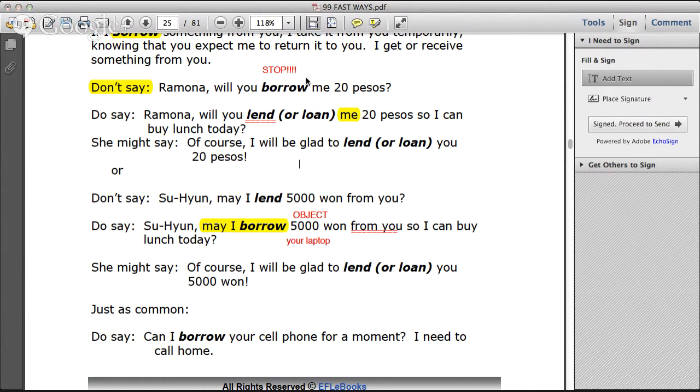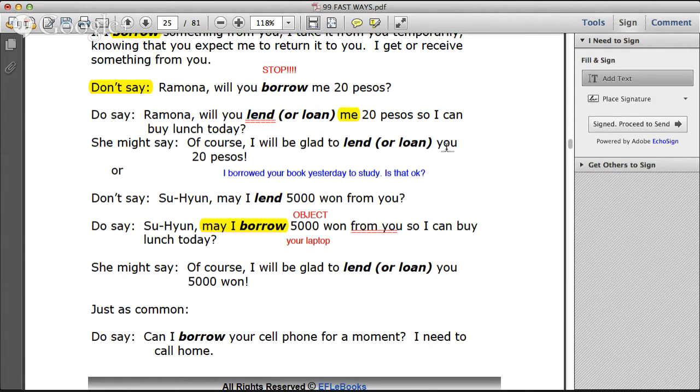You could say, oh hey Duong, I forgot to tell you, I borrowed your book yesterday to study. Is that okay? Hey, I borrowed your book yesterday to study.